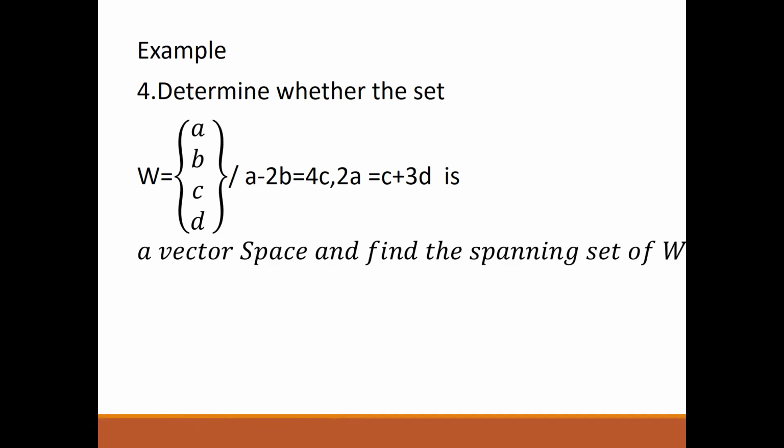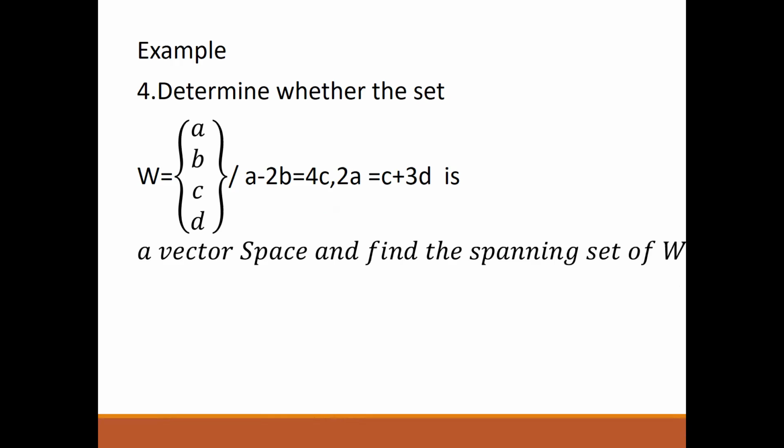So A minus 2B is equal to 4C. And we'll change everything into A and C. Okay. So we'll write A only.